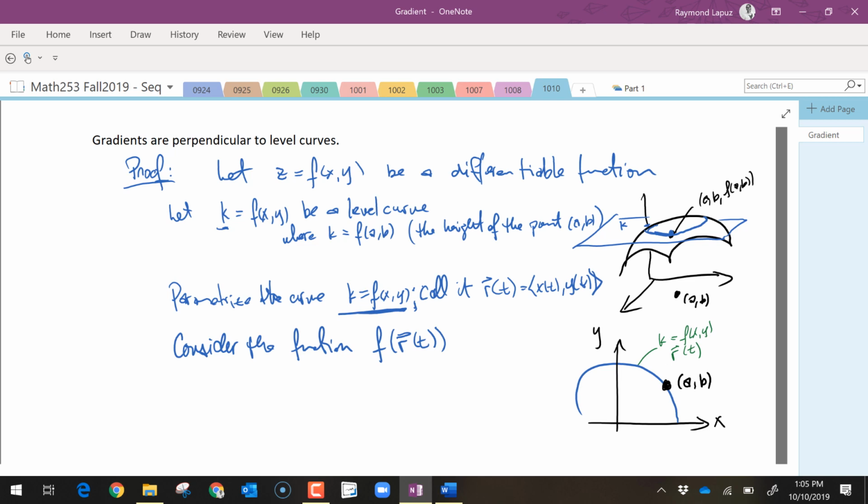Well, it's a level curve, right? It's from a level. So if I draw this graph down here, it's just projecting any point on that graph onto the plane. And what can you say about the height, the z value of that?